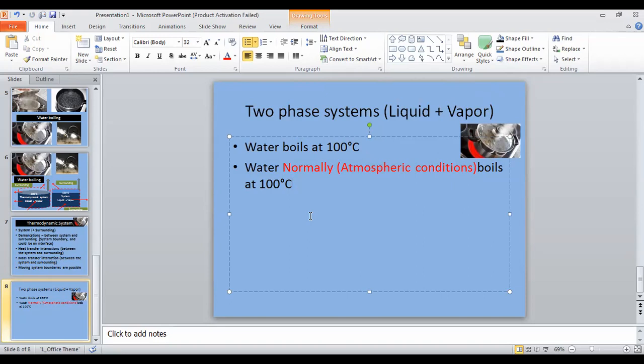So that's why normal boiling point of water we call approximately 100 degrees Celsius. Normal boiling point. Okay, good.